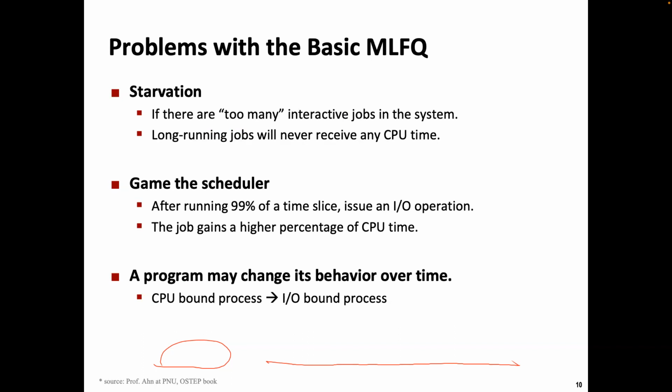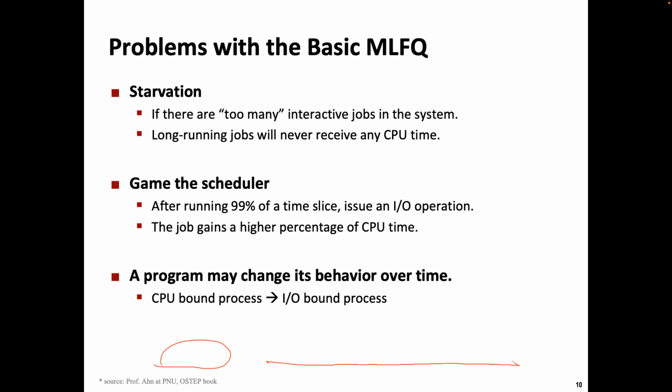And the second one is gaming the scheduler. It's kind of tricky. It's bad behavior of a job or certain process. After running 99% of the time slice, the task issues an IO operation, then the job gains a higher percentage of the CPU because it keeps the priority.